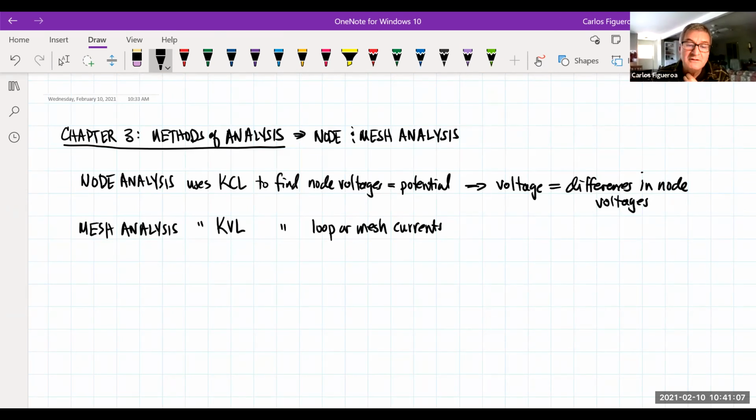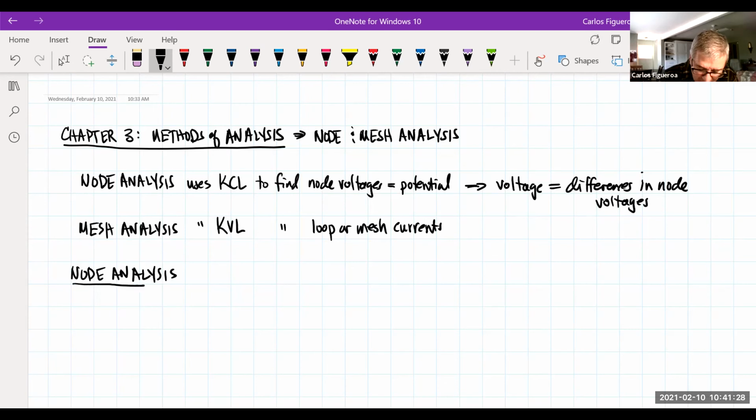I think node analysis is easier to conceptualize. And then later, I'm going to bring in mesh analysis, which I think is harder to conceptualize. So here we go. Node analysis.